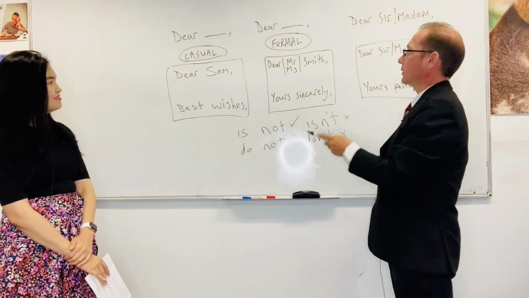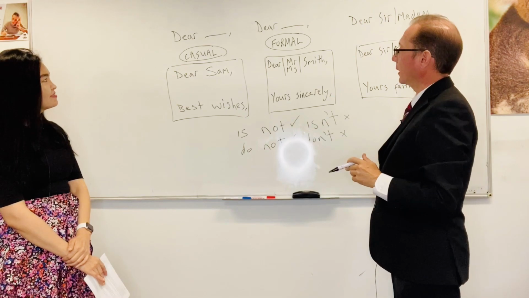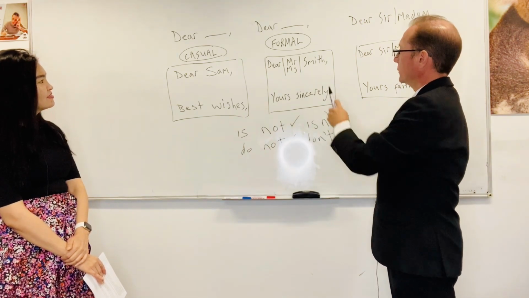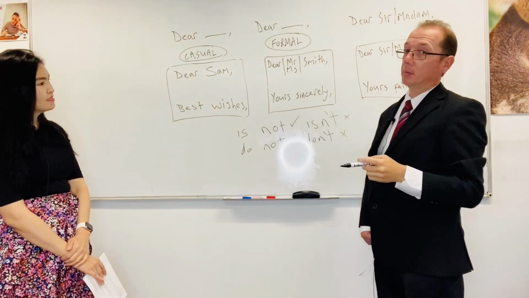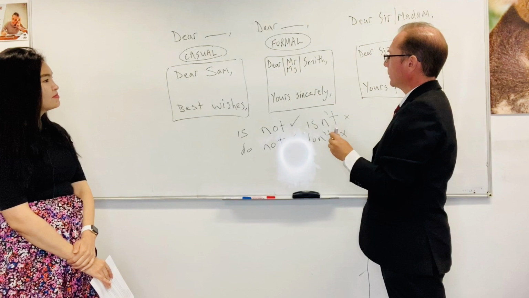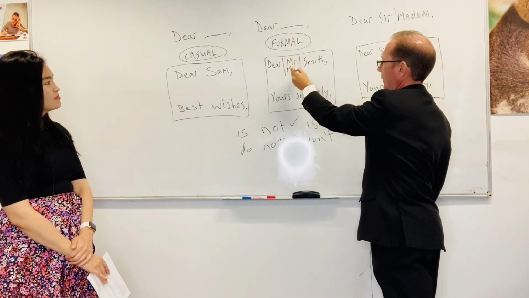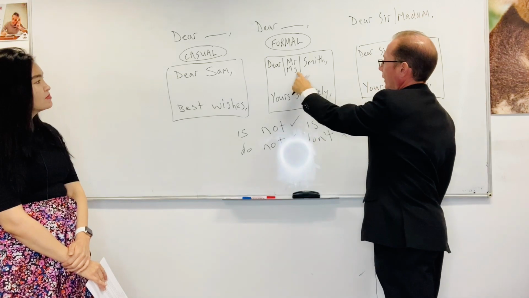If the question says start "Dear blank" and it's a formal letter, then you need to start with "Dear Mr." or "Dear Ms." For example, Smith, family name, Taylor, Cruz, whatever you like. In the USA, they put full stops still here, but in Australia, we don't.